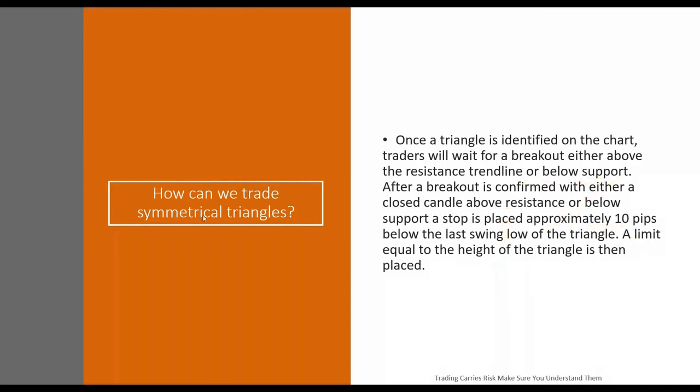So once the triangle is identified on the chart, traders will wait for the breakout either above the resistance trend line or below support. After the breakout is confirmed with a closed candle above or below, a stop is placed approximately 10 pips below the last swing low of the triangle. A limit equal to the height of the triangle is then placed.